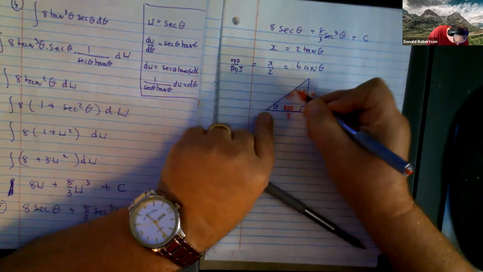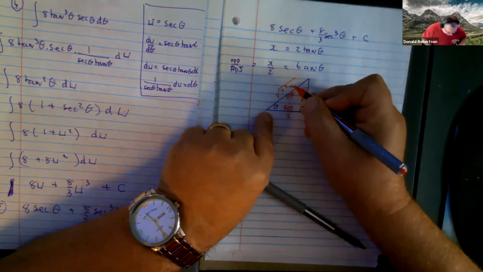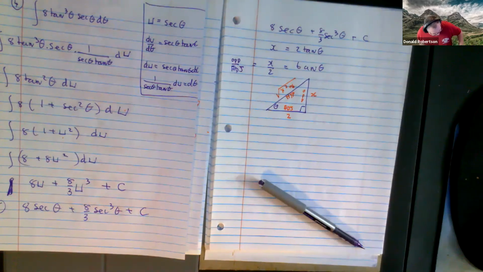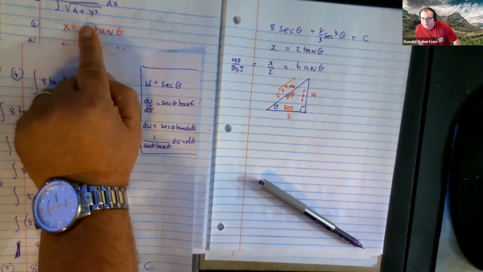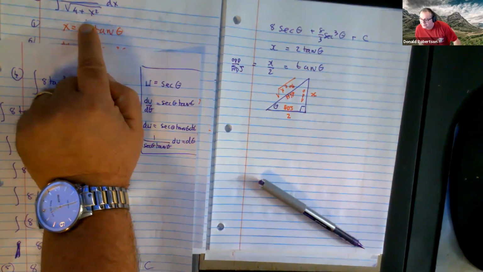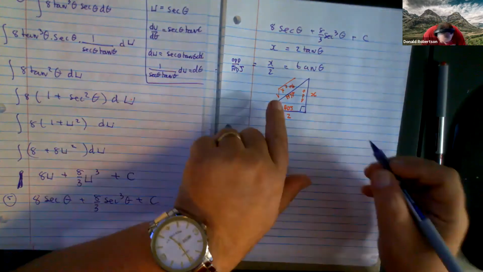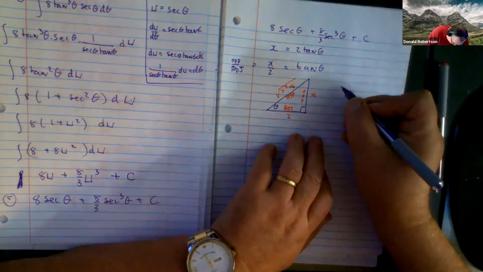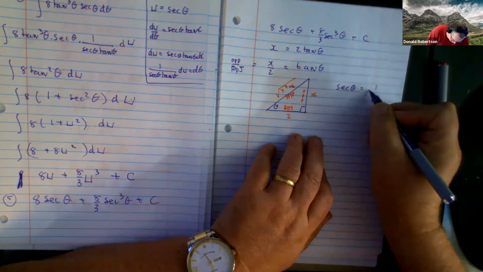And won't Pythagoras get me this guy? Won't it be the square root of x squared plus 4? And why is x squared plus 4 good news? Can you see it over here? It's called 4 plus x squared. Well, that's the same thing, right? So I now need to find secant theta. Isn't the secant 1 over the cosine?